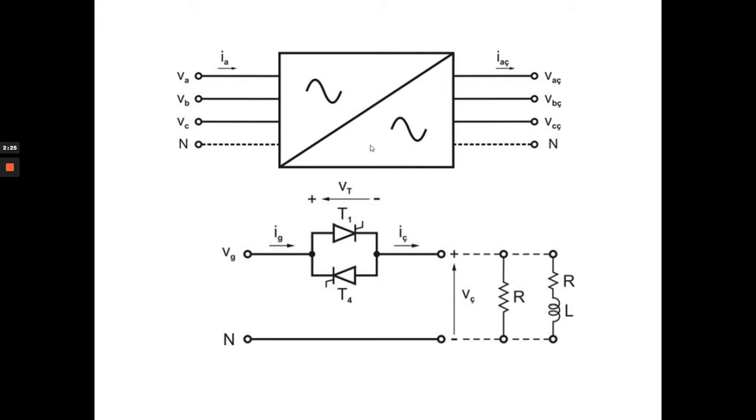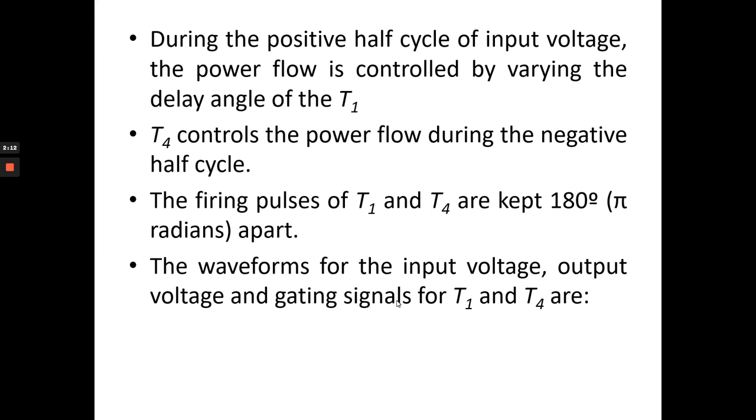This is the general block diagram of AC voltage controller. The input is AC, we will get output also AC across load. During the positive half cycle of input voltage, the power flow is controlled by varying the delay angle of the thyristor T1.